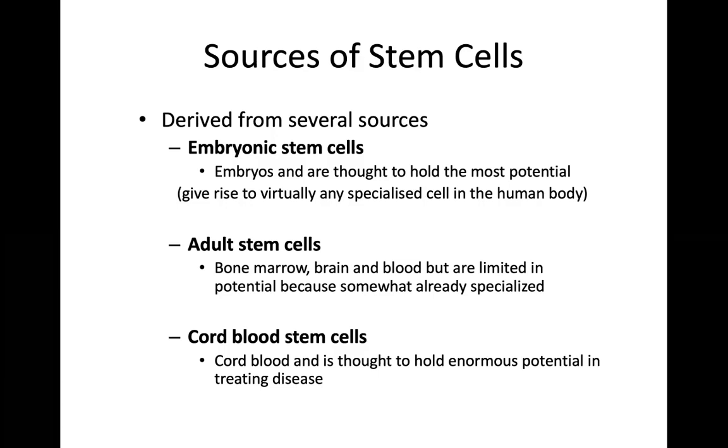Yep, the umbilical cord. Okay, so cord blood is thought to hold an enormous potential in treating disease. So a lot of times, when babies are born, they'll save this if a parent chooses, right? And then in later hopes of helping to treat a specific disease.